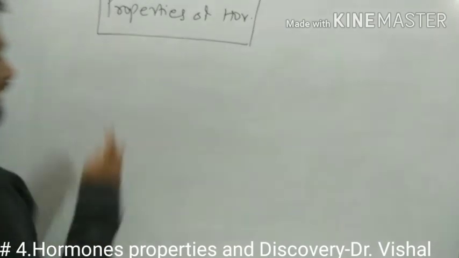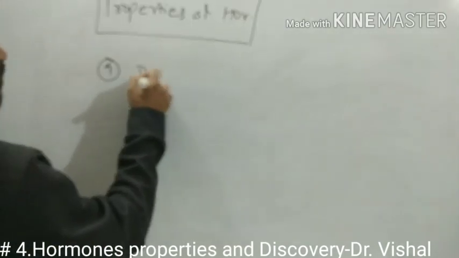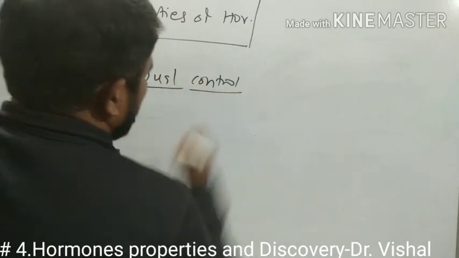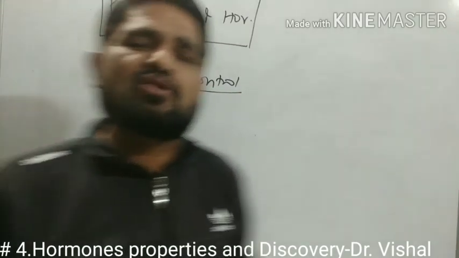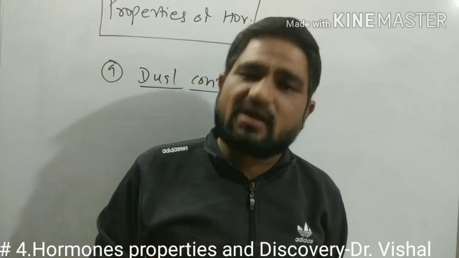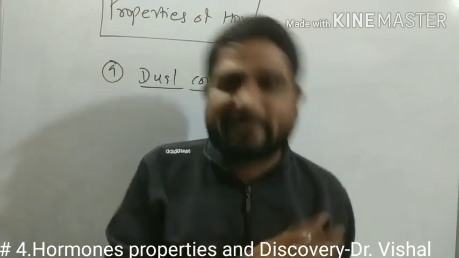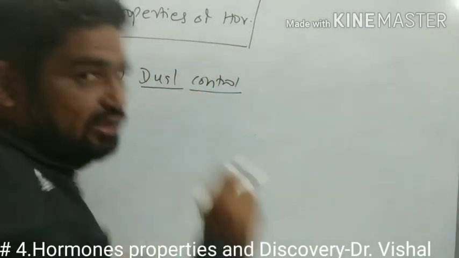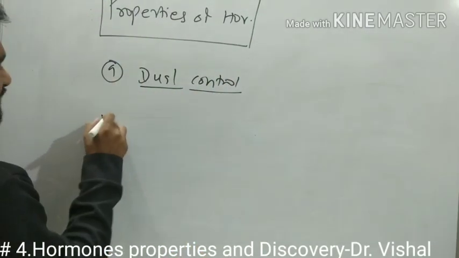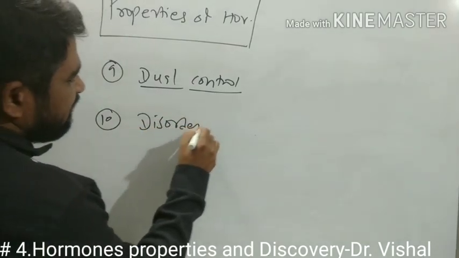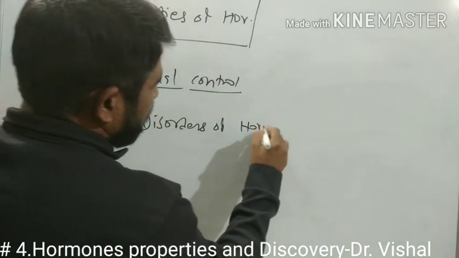One more property is that hormones show what is called dual control. It's not that hormones are always increasing the activities of the organs, but they can also inhibit the activities through feedback control. This is also important, the dual control of the hormones, right? And one more property we can study is regarding the disorders of hormones.